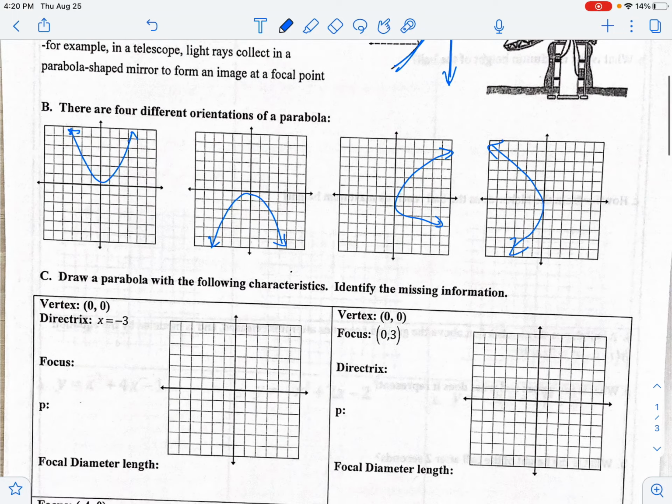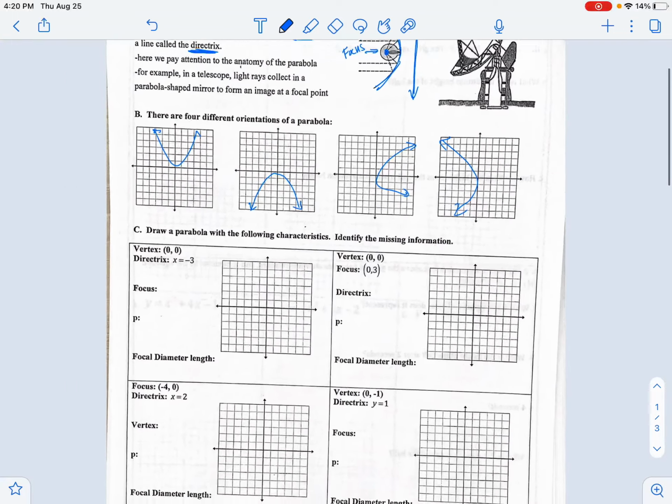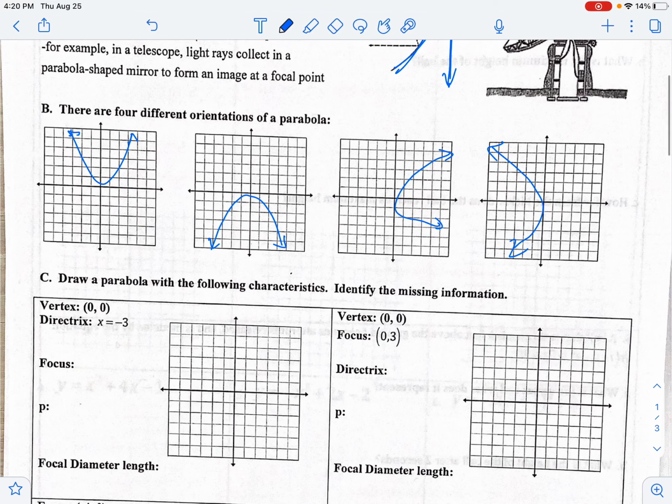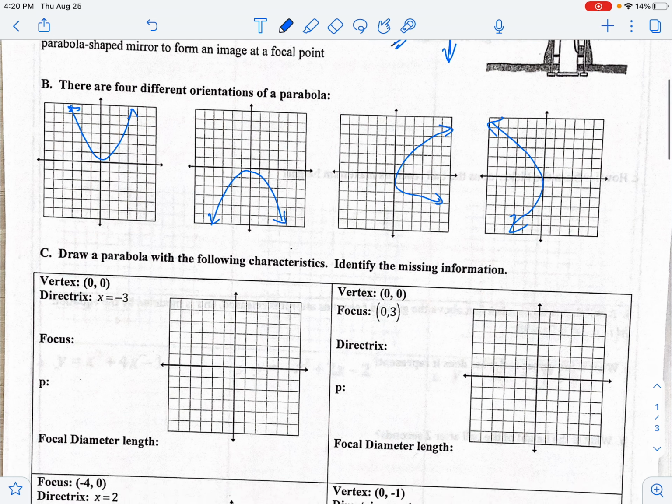In these examples, we're going to go through 4 examples. We're going to identify every component of your parabola: the vertex, the directrix, the focus, the p-value, which will help us later with the focus, and something that we call the focal diameter length.